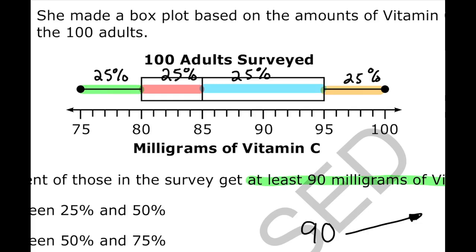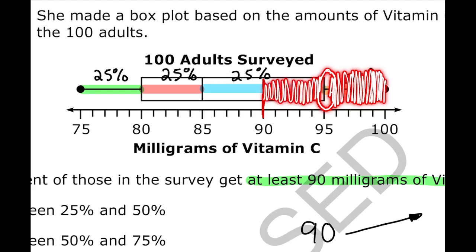So going back to our original, we said that the threshold was at 90 or above. So what percent existed at 90 or above? Well, I see that we have 25% here. And then once we get to this point, we're approaching 50%.